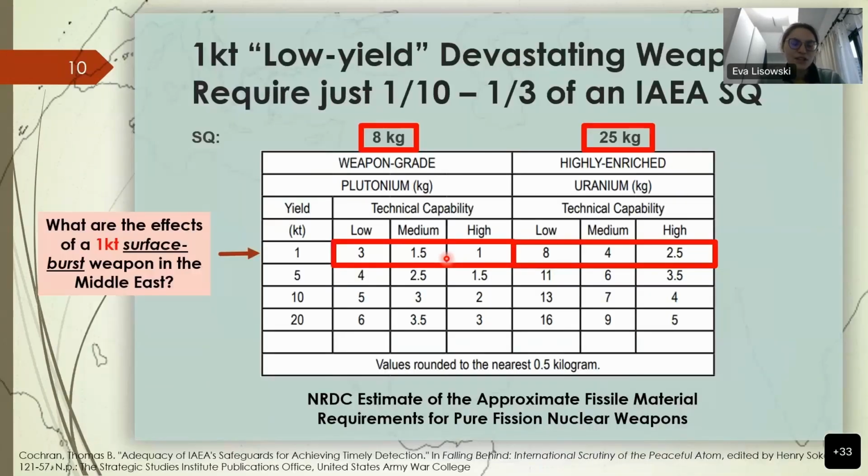So going back to this chart, you can see that for just 1 kiloton, how much material does that actually require to construct? For plutonium, it could require 1 to 3 kilograms, which, as you can see, is far below the 8 kilograms of the IAEA significant quantity value. So the premise for this project was this issue, and we wanted to question, well, what are the effects of a 1 kiloton surface burst detonation?